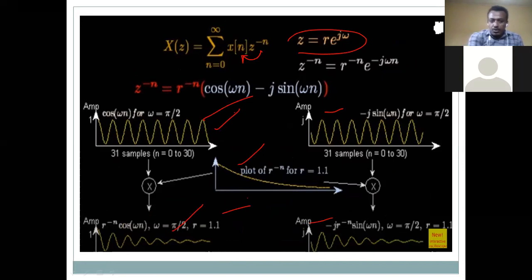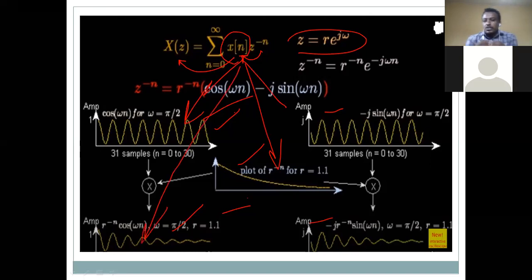Why do we need to do this correlation and convert x of n to x of z? This signal, is it sinusoidal inside? What type of sinusoidal? What type of exponential? What type of oscillation, decreasing or increasing oscillation inside x of n? You can determine by using Z transform.